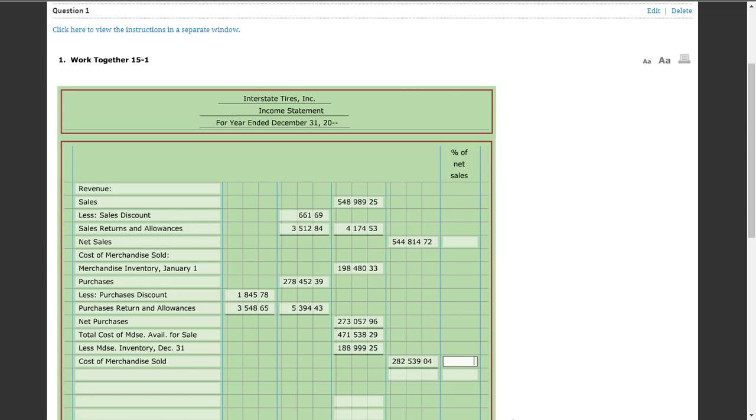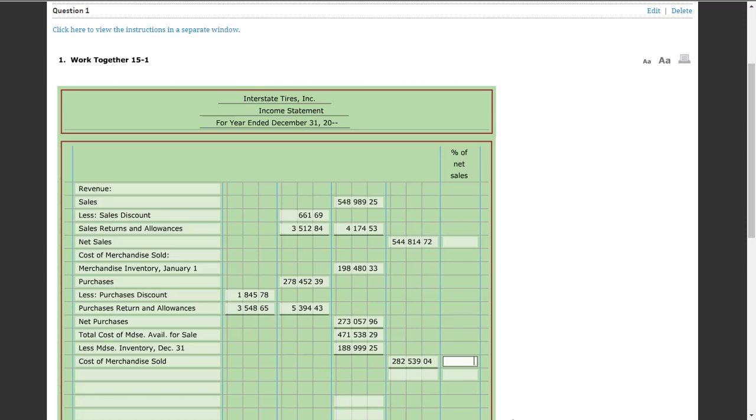Now, it's no different than if I say that I'm going to sell you this pen, okay? My sales for this pen, let's say, is $2. The cost of this pen is 75 cents. Okay? So what is my gross profit on sales? $1.25, right? That's my next heading.